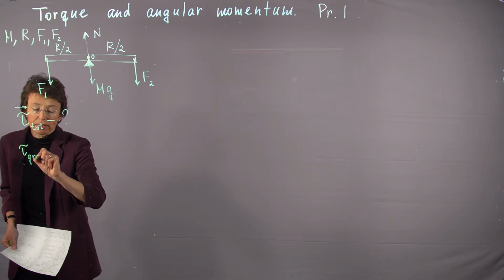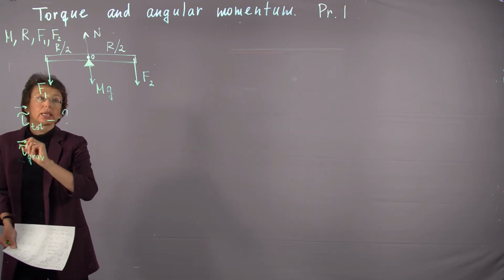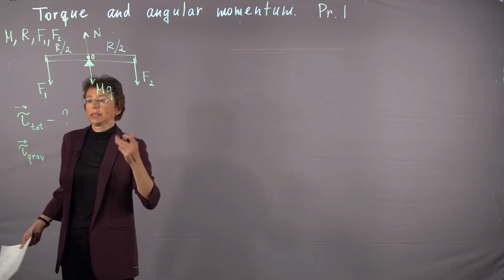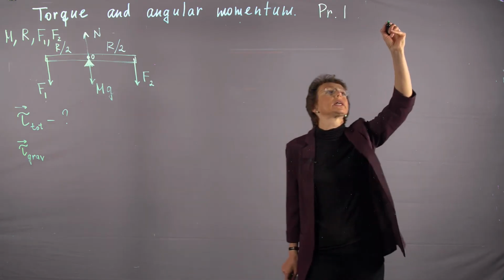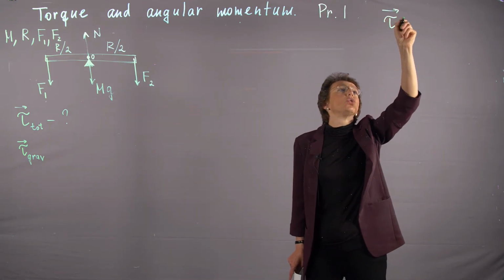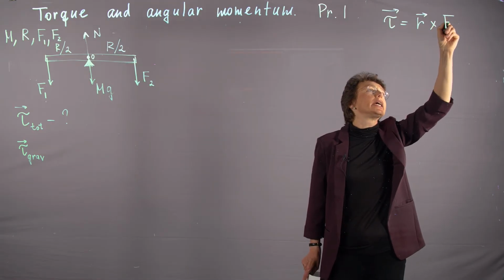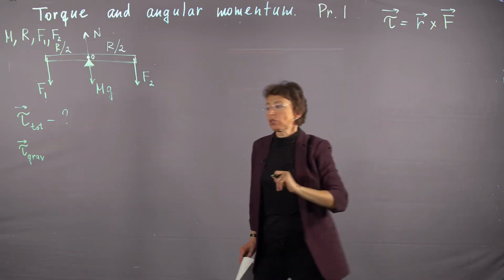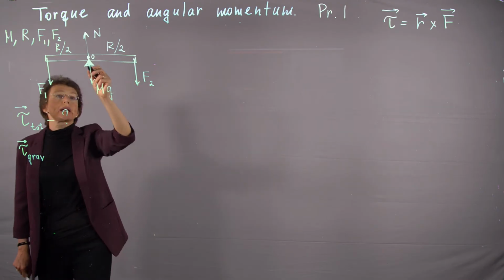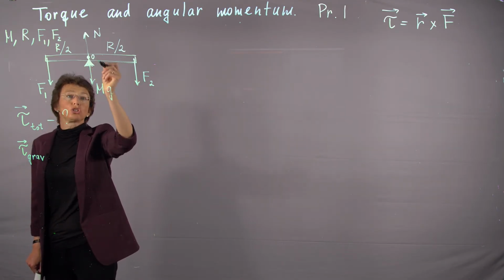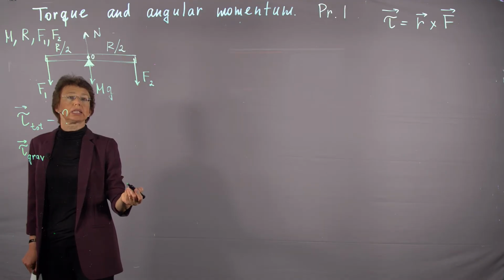It will be 0. Why? I didn't even write the equation that we will be using. Tau is R cross F. F is the force of gravity. R is from the pivot to the point where the force is applied. So the torque created by gravity is 0.